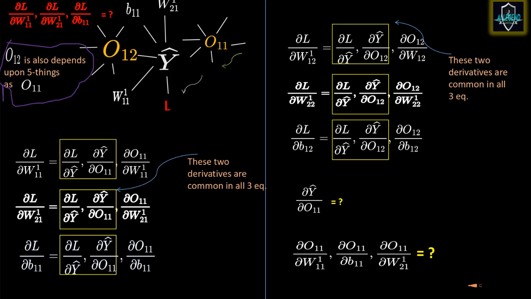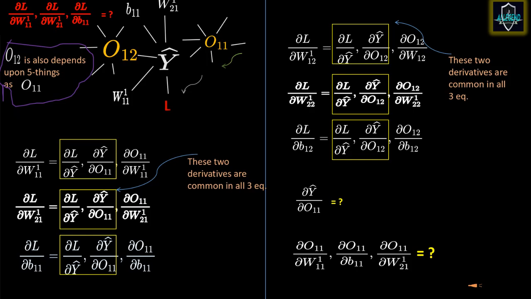O12 also depends upon five things like O11. So del L over del W112 is equal to del L over del y hat multiplied by del y hat over del O12 multiplied by del O12 over del W112.